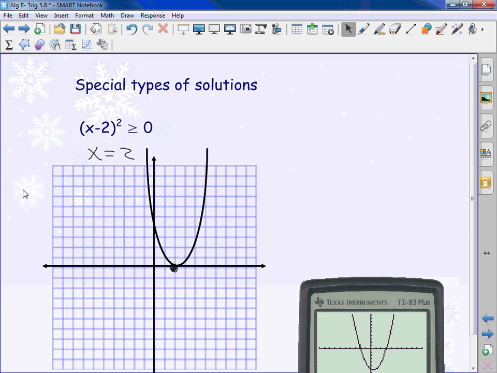I know it's not. When is it greater than that? All the time. So what would this one be? This is all real numbers. It's always greater than or equal to 0.